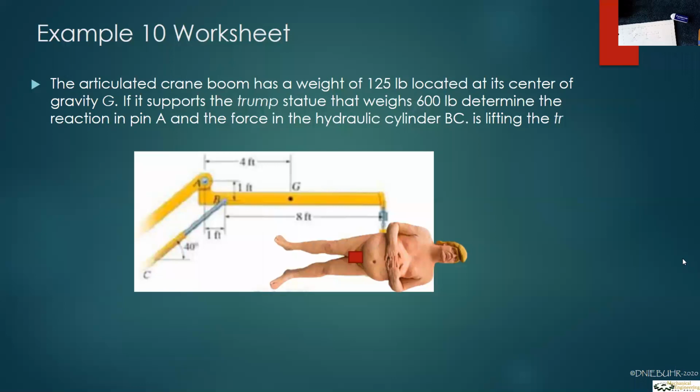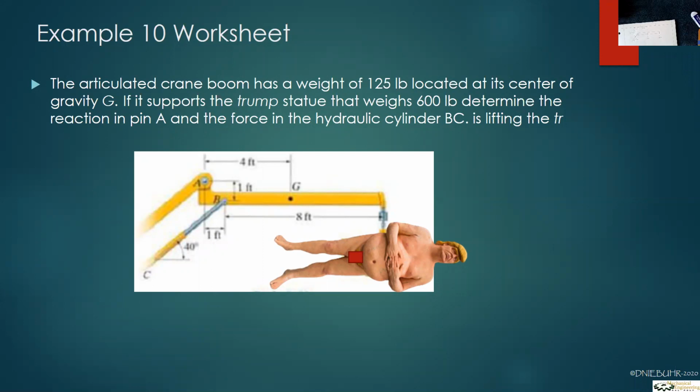So here's a problem off your worksheet, and this is a crane boom. It's very similar to the one we just did. You can see that you have the boom, and BC is the supporting hydraulic to move that. It is, again, a two-force member because it's only connected in two places, B and C, and there's no externally applied force.